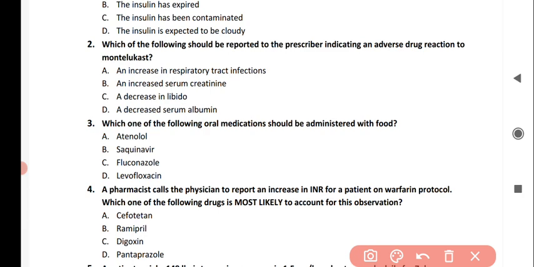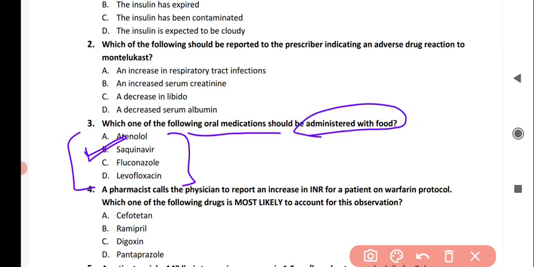The next question is, which one of the following oral medications should be administered with food? These are several oral medications for different purposes. So we have to find which one will be given along with food. The drug secukinumab, which is an antiviral drug, is administered along with food. The main reason for several drugs to be given with food is the side effect of stomach irritation, including indigestion, stomach inflammation, or ulcers.